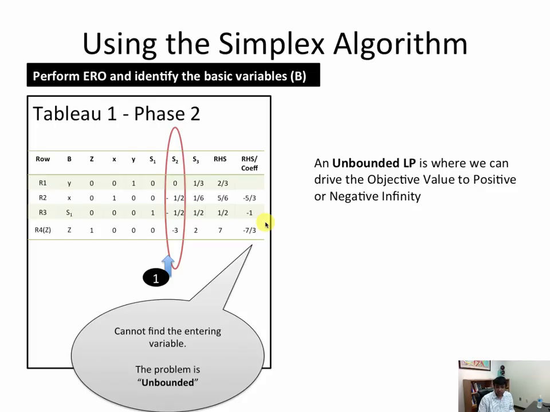However, in this particular case we could not find a solution because even though the tableau in this phase has a pivot column, we are unable to identify a pivot row because we do not have any positive number in the ratio of the right hand side to coefficient, and this particular case is called an unbounded LP.